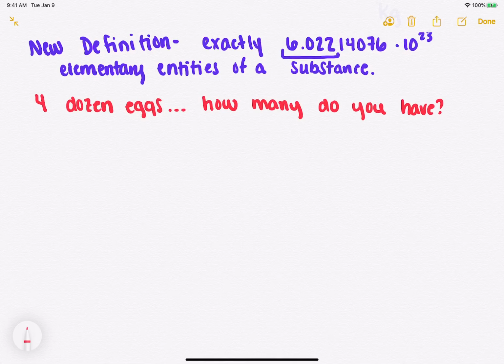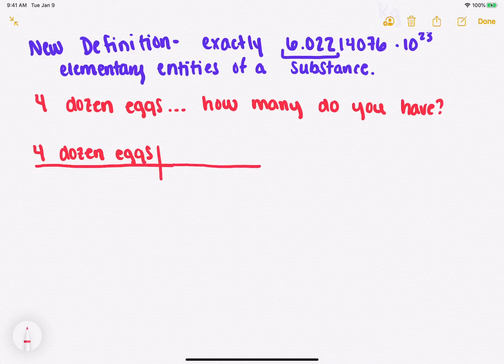So using this example, I want to show you how to solve this on paper mathematically in a logical and organized way. So we're going to use dimensional analysis and start with 4 dozen eggs. And we want to find the number of eggs. So the units we want to end up with are numbers of eggs.